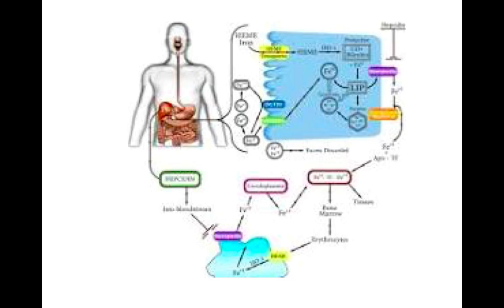This is the common pathway of iron in the circulation, and it is stored as ferritin.